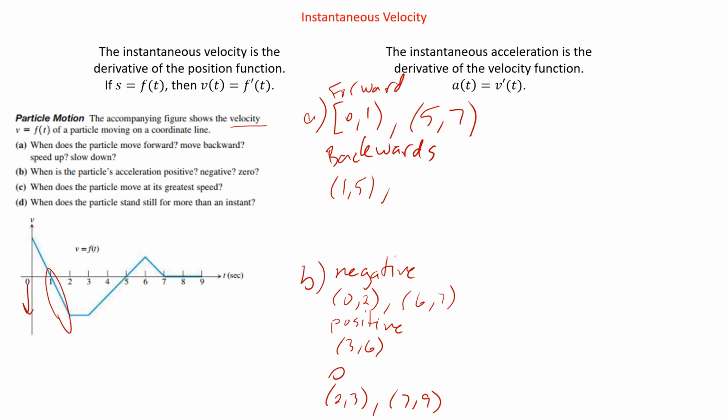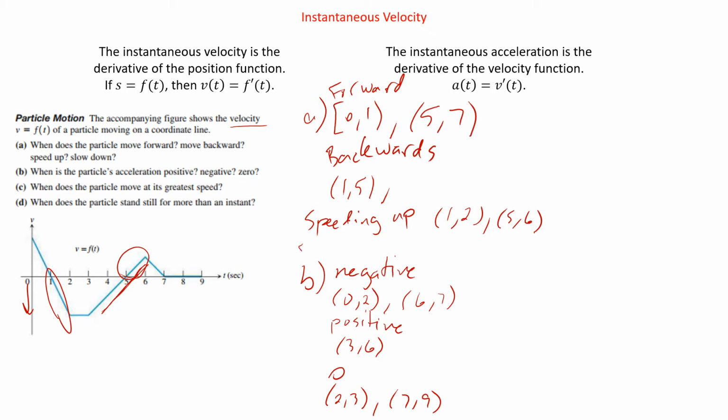So it's speeding up from 1 to 2. And then how about when it's positive? Well, this is the only time when the acceleration is positive, and here's when the velocity is positive. So from 1 to 2 and from 5 to 6.